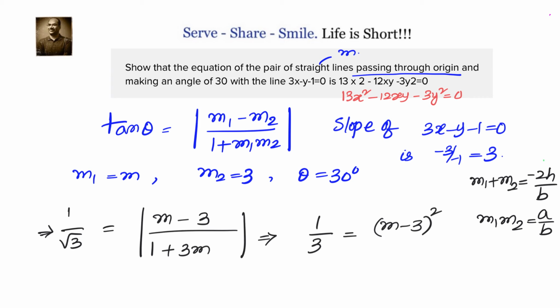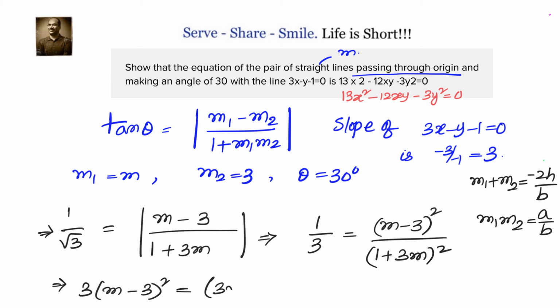We have 1 by 3 equals m minus 3 whole square divided by 3m plus 1 whole square. Let us expand them using the identity. We have 3 into m minus 3 whole square equals 3m plus 1 whole square, which gives 3 into m square minus 6m plus 9 equals 9m square plus 6m plus 1.